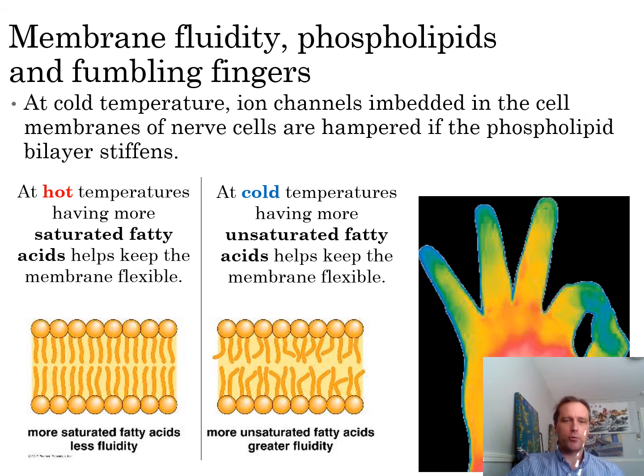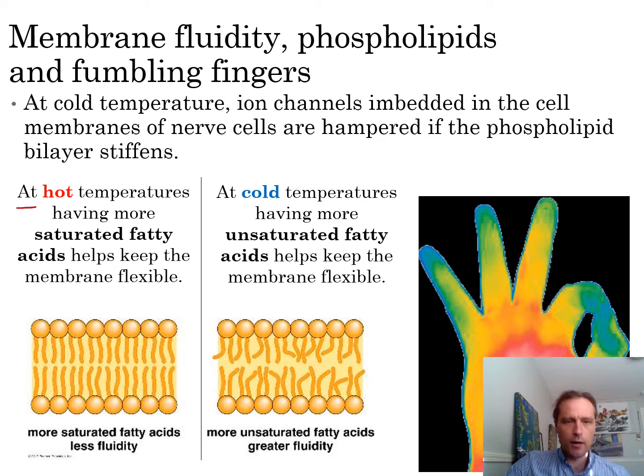At cold temperatures, ion channels embedded in the cell membranes of nerve cells are hampered if the phospholipid bilayer stiffens too much. So cells in the hand, or in a single-celled organism, if that's what we're talking about, need to make sure that the phospholipid bilayer does not stiffen too much, in part so that it does not break, but also so that all the proteins in it function normally.